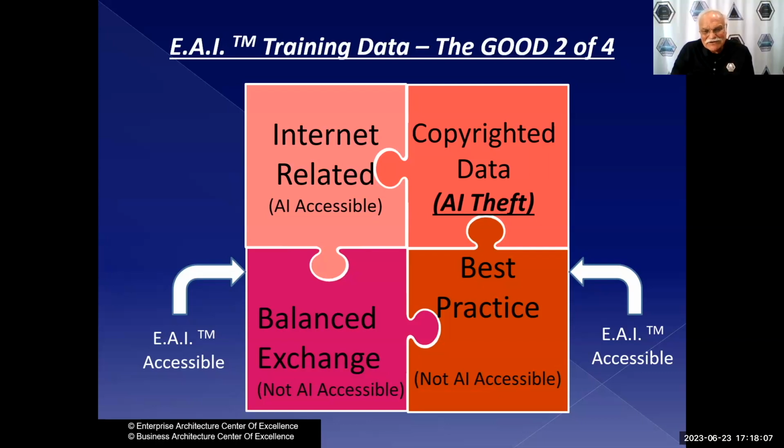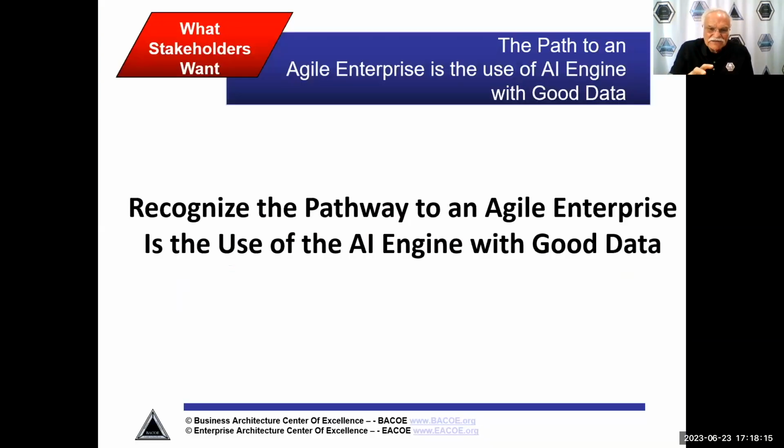And then we can leave internet-related information for intellectual entertainment, as I like to call it. We're going to recognize then the pathway to an agile enterprise is the use of the AI engine with good data. So how do you become an early winner in that area? That's how you do it. It's really kind of straightforward.